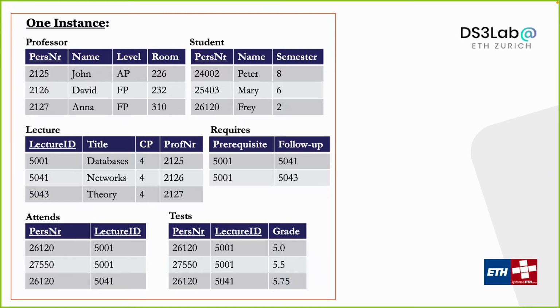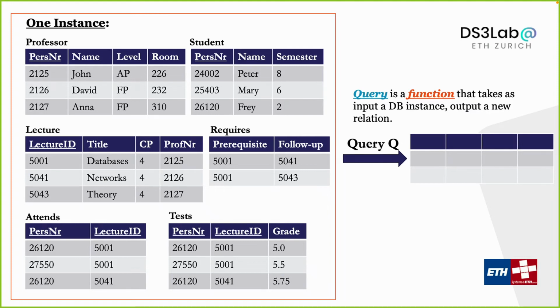Given any instance, the goal of the query in the relational model sense is a function that takes as input this database instance and outputs a new relation instance. You can think about the query as a function that takes as input a whole bunch of tables and outputs a new table, okay?